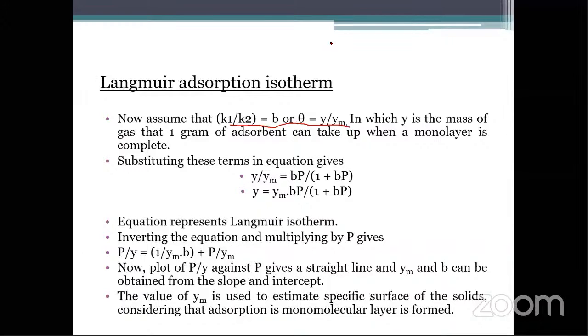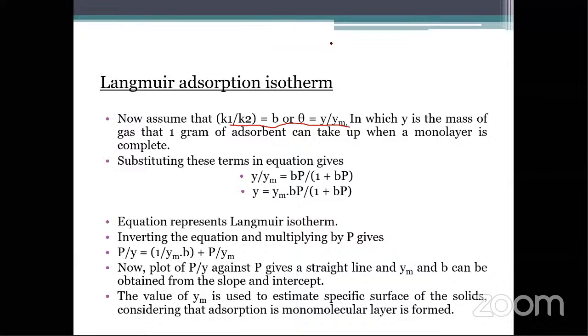Now a plot of P upon Y against P gives a straight line, and Ym and B can be obtained from the slope value and intercept value. The value of Ym is used to estimate the specific surface of the solid, considering that a monolayer is formed.